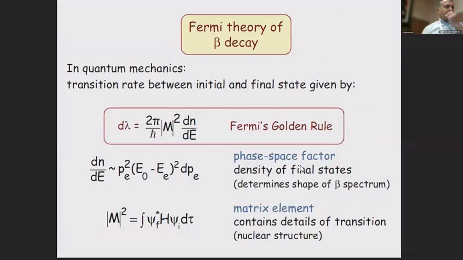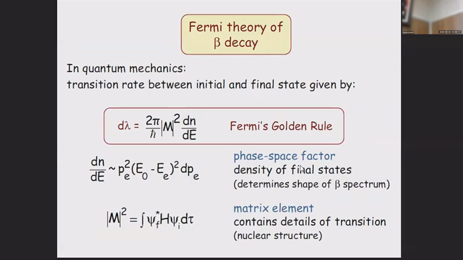Now, the density of beta, the amount of beta particles, is very important. Because it is a continuous spectrum, the flux is very important. Therefore, the transition rate between initial and final states is given by Fermi's golden rule.